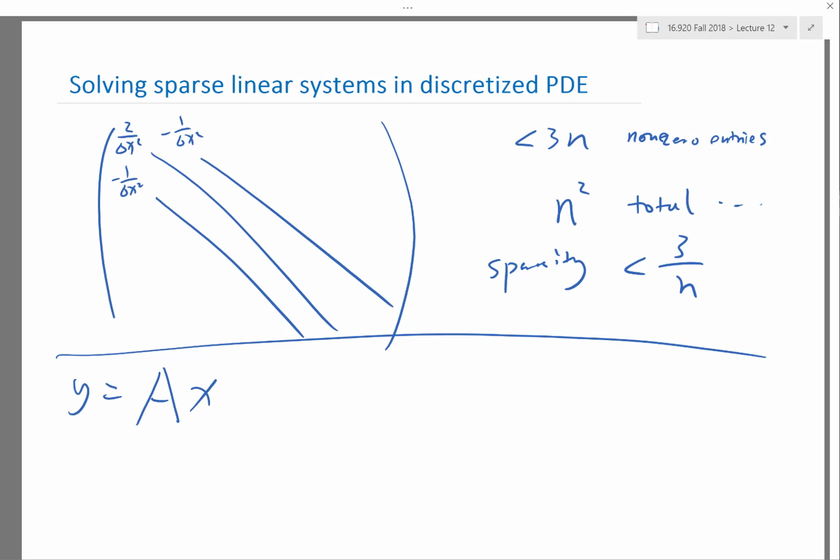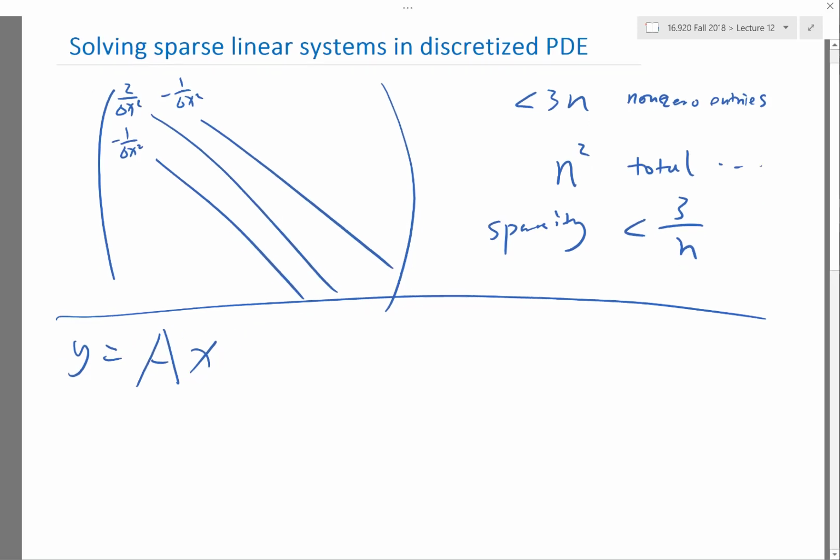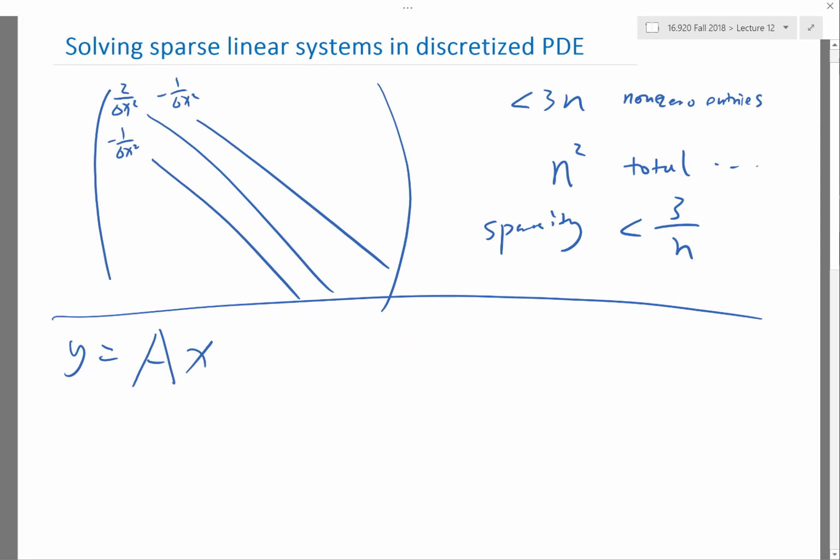A little bit more, but it's a finite number independent of what n is, however many total non-zero entries there are. So basically, sparsity of the linear system is a great thing to take advantage of, and we know how to take advantage of it when we are computing y equal to Ax.